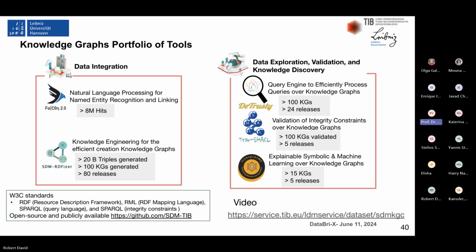And we have InterpretME, a framework that is able to explain the decisions made by machine learning models when data is collected either from knowledge graphs or from data sources in different formats. All these tools are publicly available, and anyone can access our repository and even see videos on how we are putting everything together.